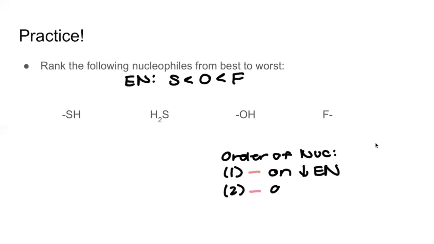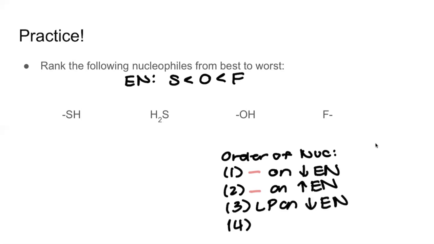Negative charge on a more electronegative atom, followed by lone pair on a less electronegative atom, and then lone pair on a more electronegative atom. So remember that in the case of the last two, the thing acting as your nucleophile is going to be uncharged. So generally, those molecules are just going to be uncharged.